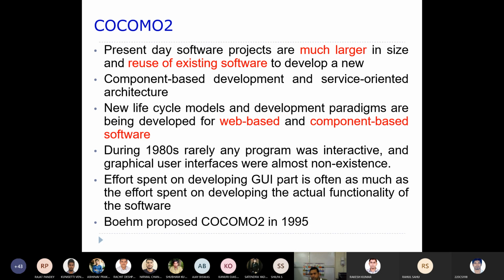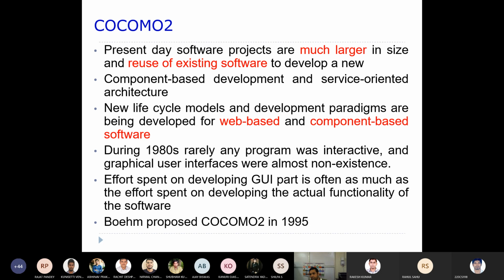The effort spent on developing the GUI part is often as much as the effort spent on developing the actual functionality of the software. So today people say the effort we give to the GUI part is almost equal to the effort required for developing the actual functionality of a particular software.